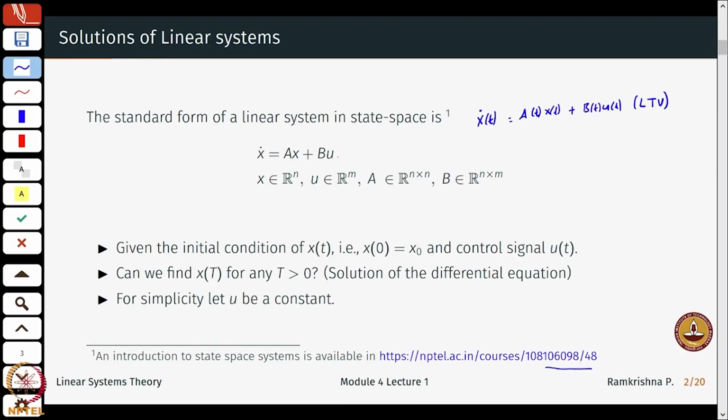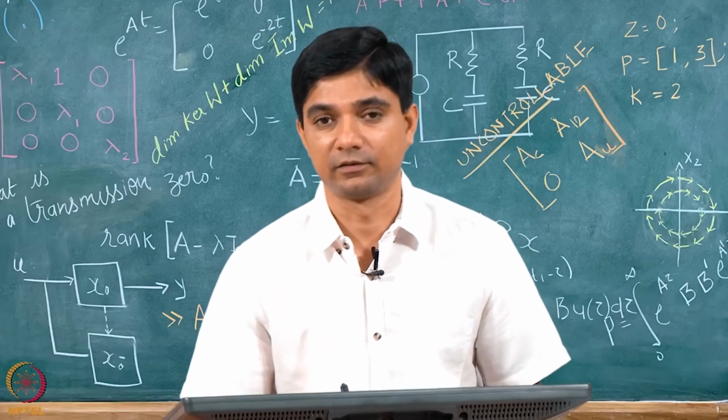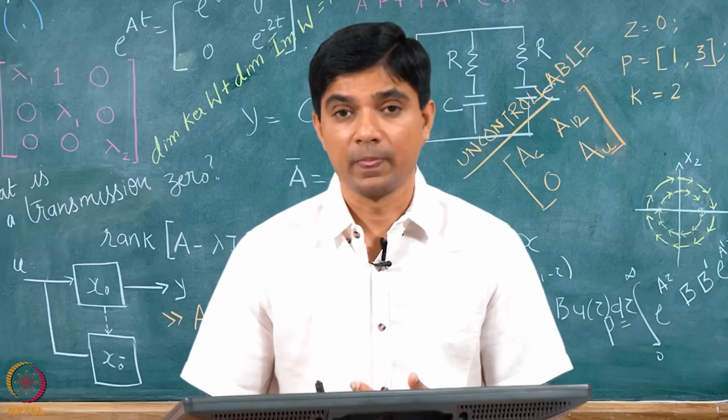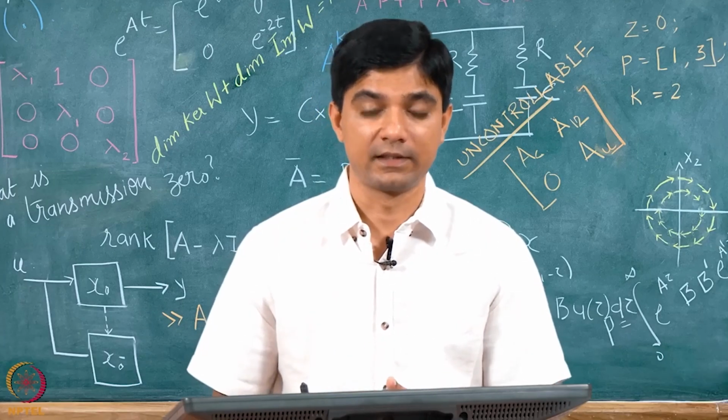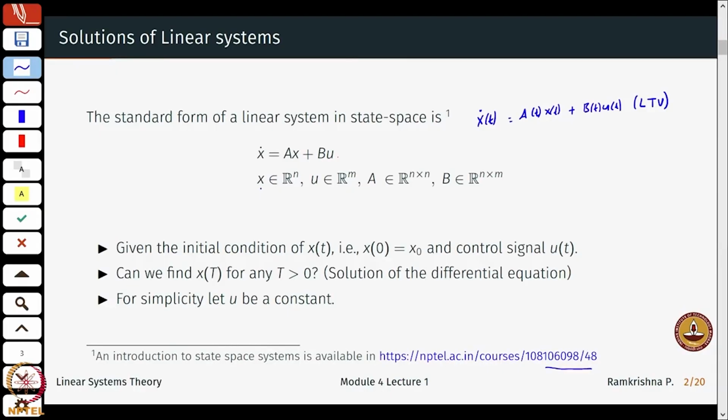I would not want to redo that because it is very similar to what we did there. So, we will assume that we know how to construct state space models x dot equal to Ax plus Bu, where x is a state vector, u is an input, A is a system matrix, and B is the input matrix of appropriate dimensions.